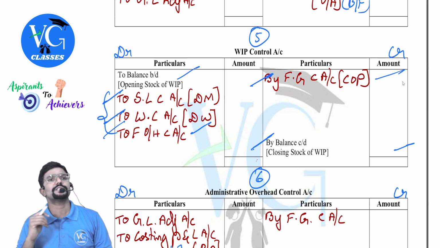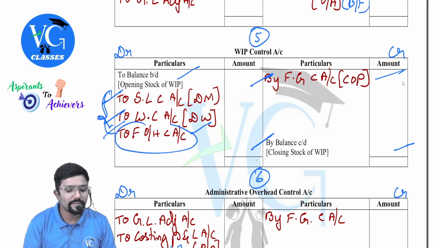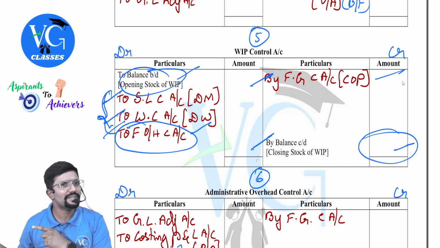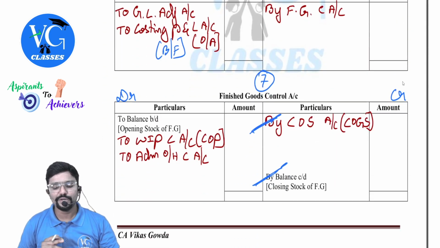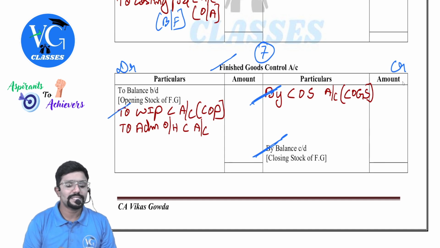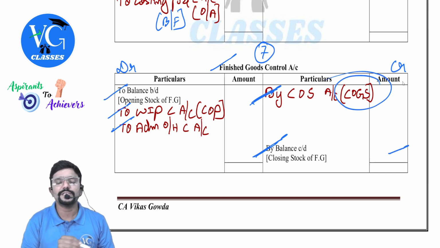So I am transferring it to the next. Hope you guys are getting it. Sir, why are you telling minus when it is on the opposite side? Yes. So you got COP. Now COP you transferred to the finished goods control account. Now you receive COP plus administrative overhead absorbed plus opening stock of finished goods minus closing stock of finished goods. What do you get? COGS.